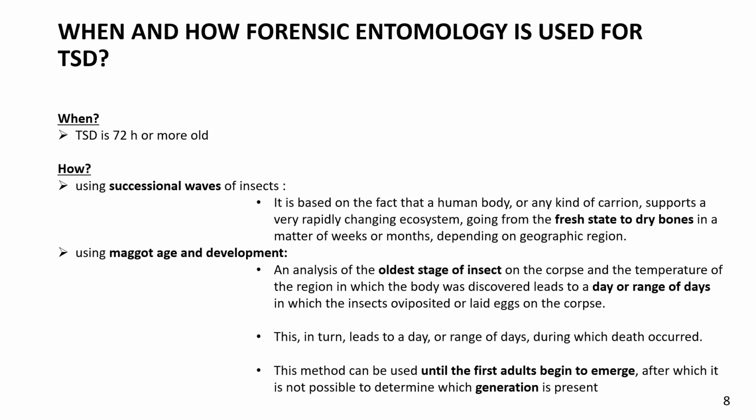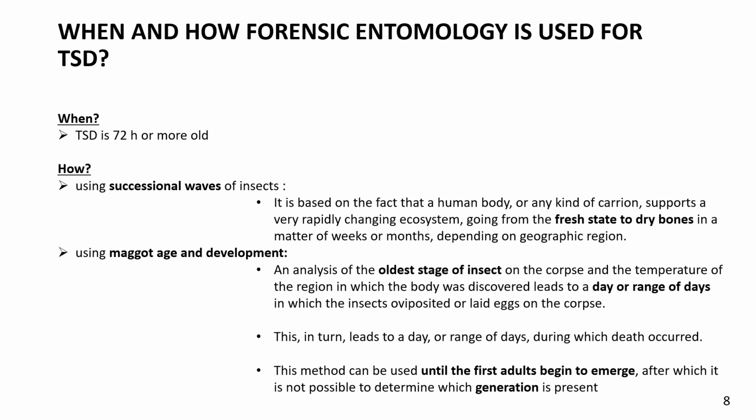So how are we using the successional waves? It is based on the fact that the human body after death supports a rapidly changing ecosystem. It goes from the fresh state to the dry state in a matter of weeks or months depending upon the climatic conditions. Using maggot age and development, using this transition, the maggots also will come and develop.